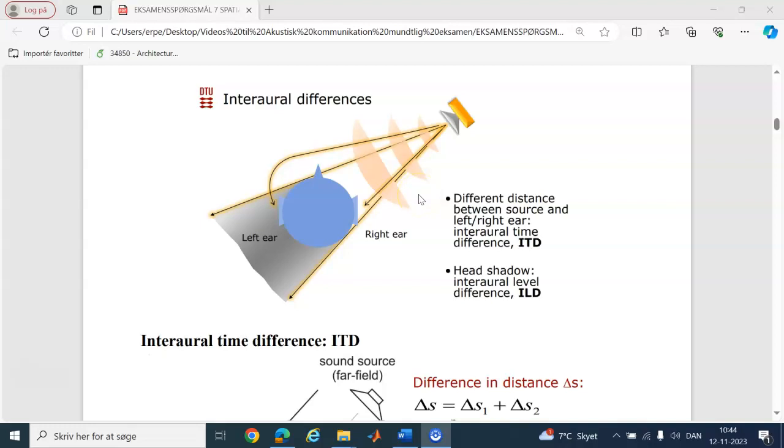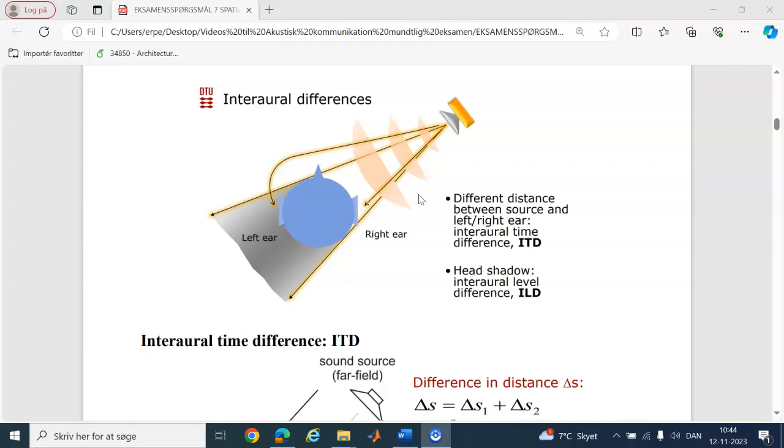Head shadow: the interaural level difference is the level difference. You can say the ITD works for almost all frequencies, but the ILD is best for high frequencies, because high frequencies are not diffracted as much as low frequency sound waves.